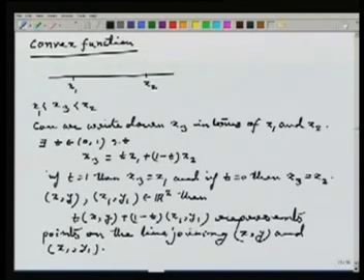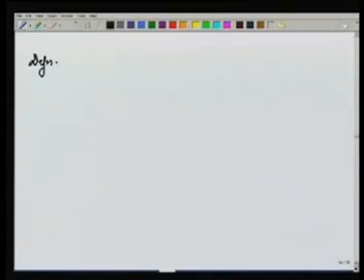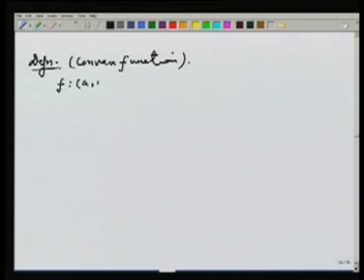Now with this preparation, we come to the definition of convex functions. So this is the definition of convex functions. Suppose f is a function on the open interval (a, b) to R. It might be a closed interval also, but open interval suffices for us.